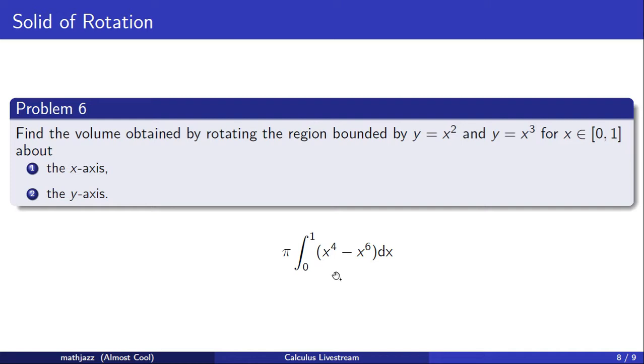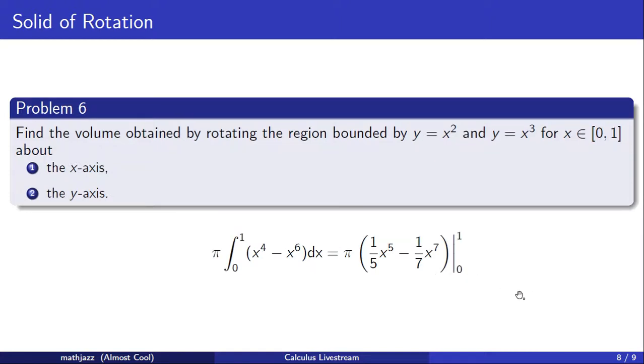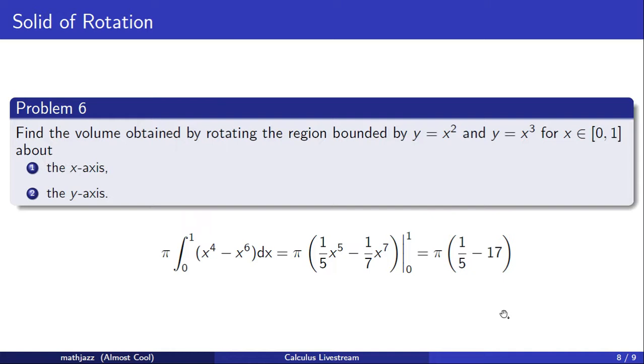So from here, we find an antiderivative using the power rule, and then we plug in our endpoints, and this should be a fraction 1 over 7.